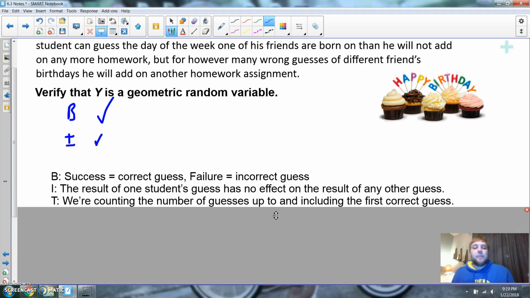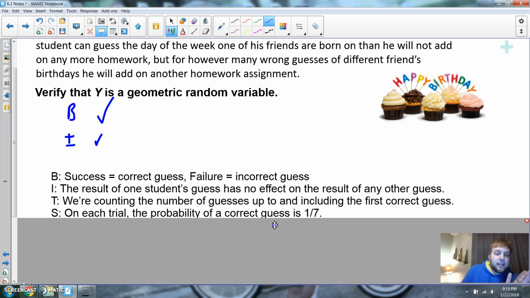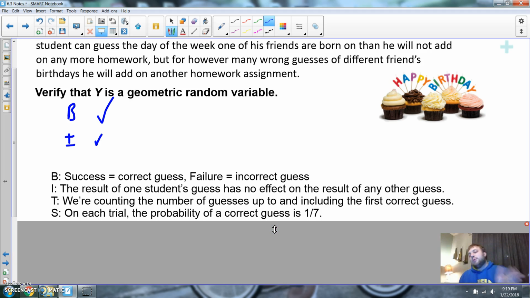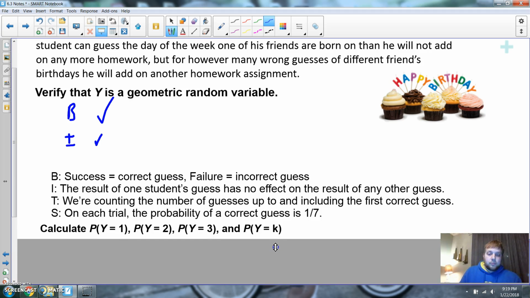Anyways, we're just going to keep going until somebody guesses correct. And then finally, S. On each trial, probability will still be 1 in 7. So the success will always be 1 in 7, and that's because I keep changing to new friends every single time we guess.